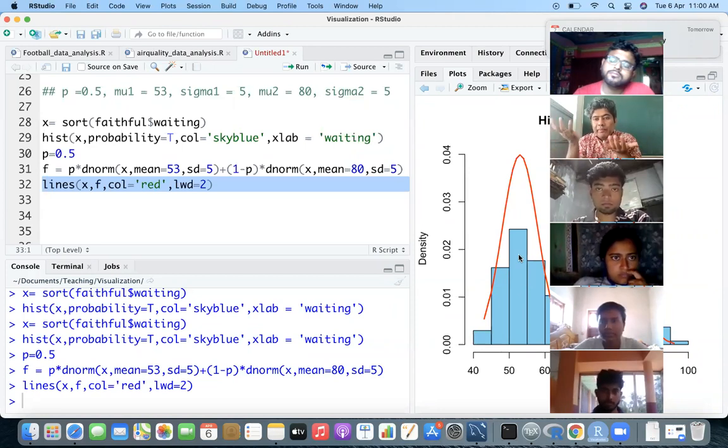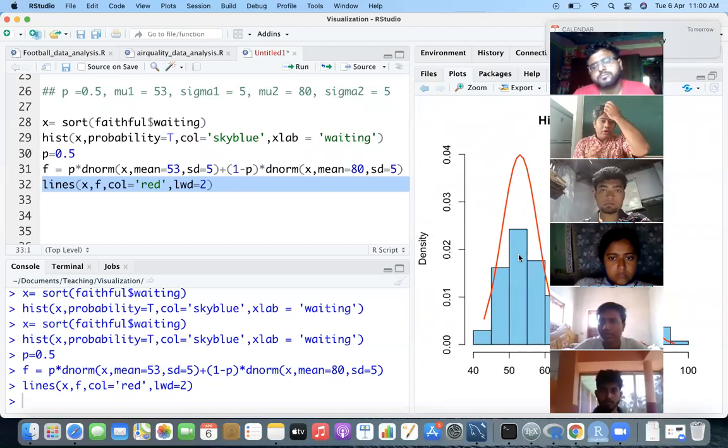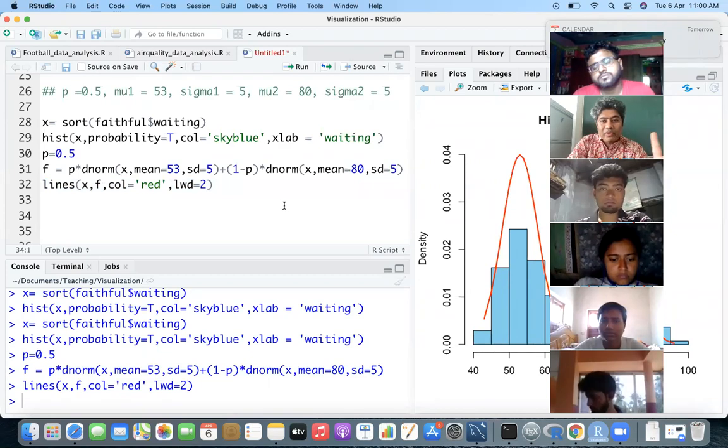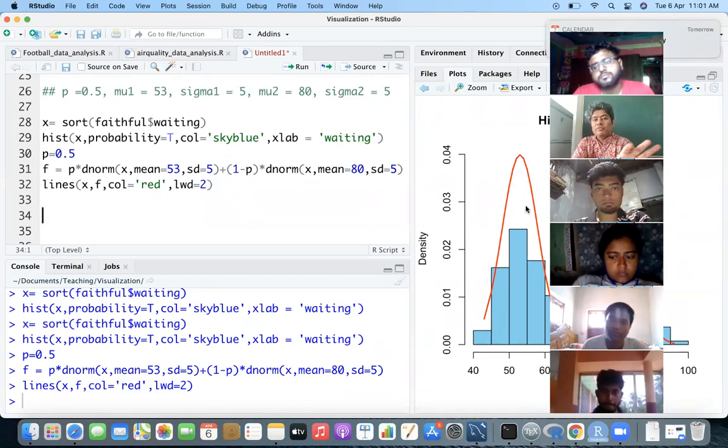That is an important feature of mixtures of distributions. So we are confident that this mixture of two distributions has the potential to model these two modes. Of course, we have to estimate the parameters more correctly, which is a slightly difficult task. For that, we will resort to the likelihood estimation method.